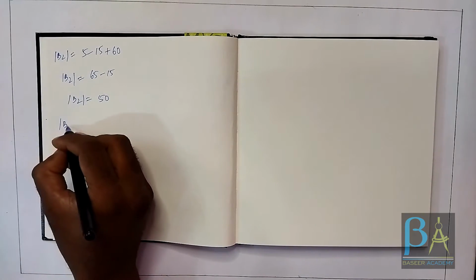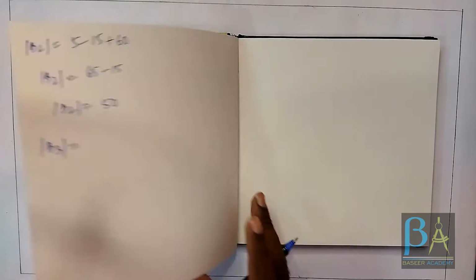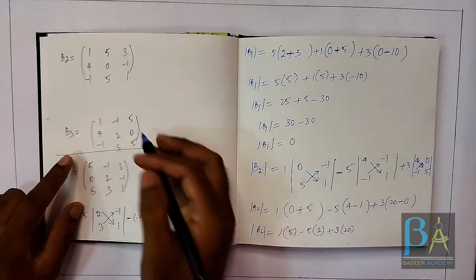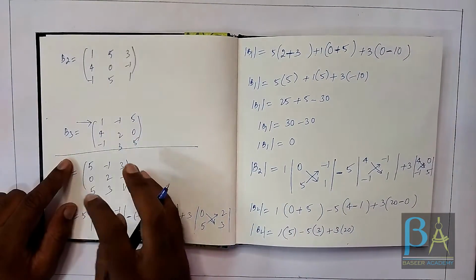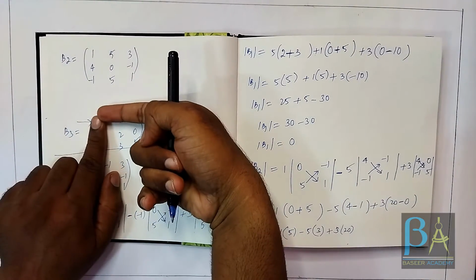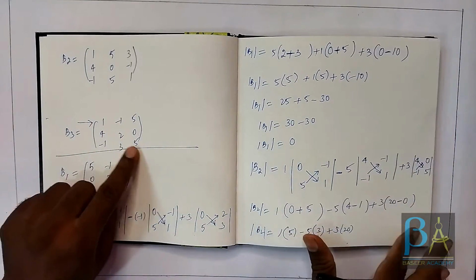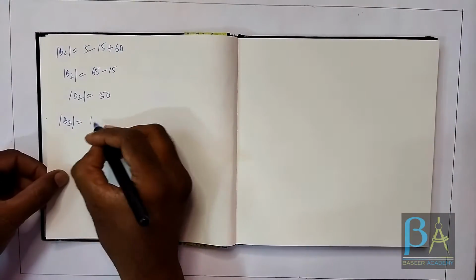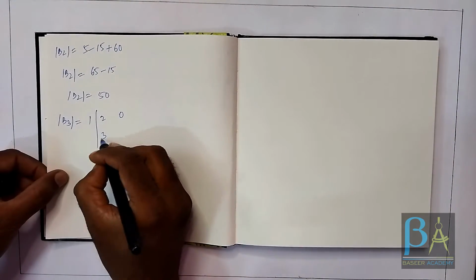In the same manner, let us find out what is mod B3 here. Mod B3, so I'm going to target the elements of the first row here. So when I target the first element 1, I'm left with these four numbers 2, 0, 3, 5.